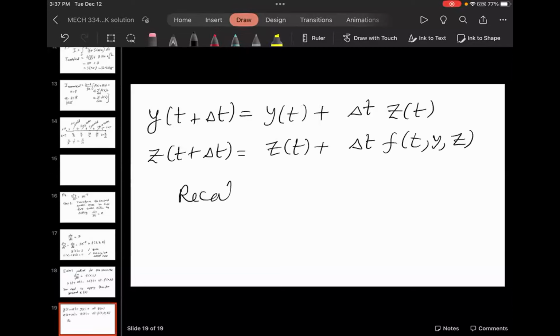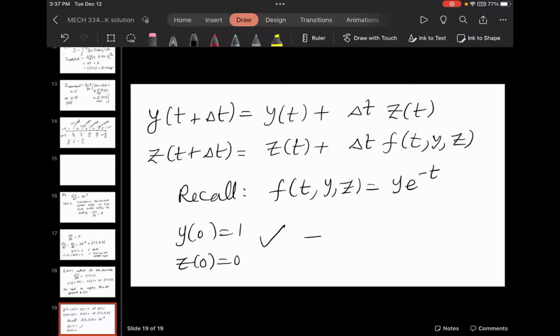Recall, f of t, y, z is in the problem, which is y e power minus t. y of 0 equal to 1, z of 0 equal to 0. These are both given. With this, you want to calculate what is y of 0.25 and z at 0.25.